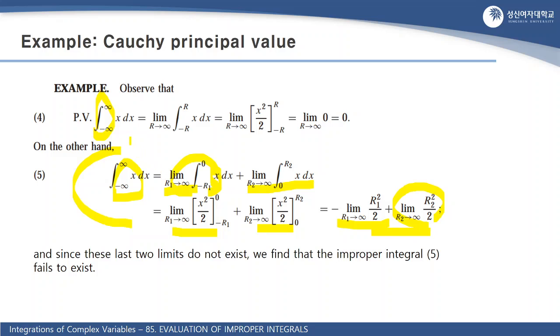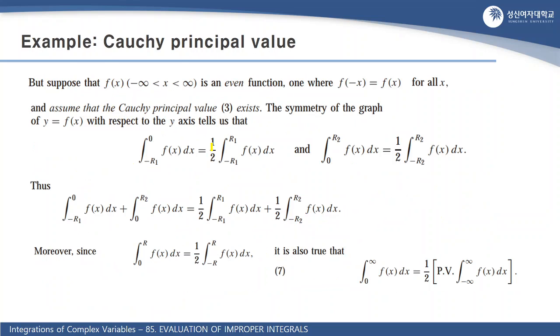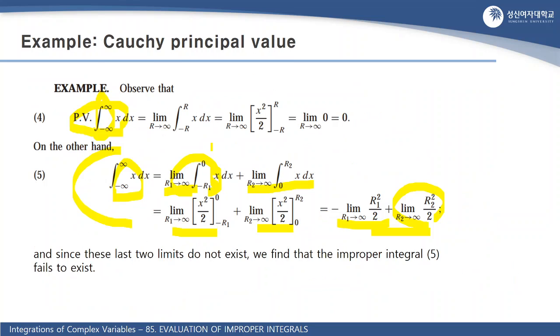However, we can find the Cauchy principal value of the integral using equation 3, this definition. The answer comes out to 0.